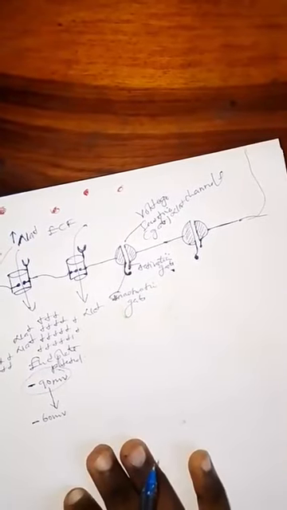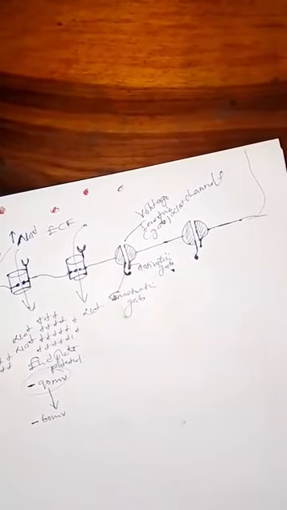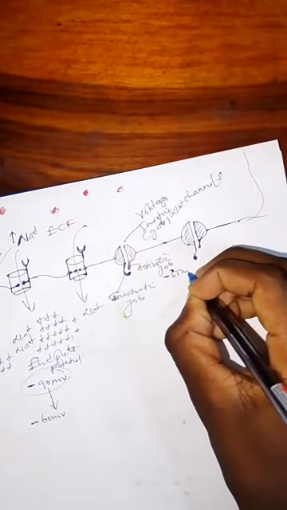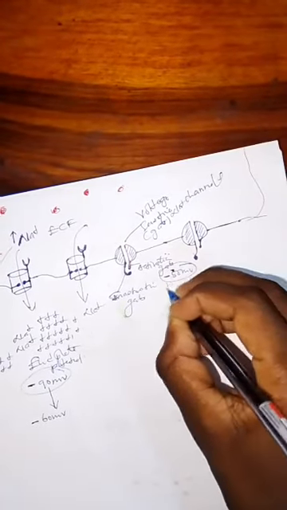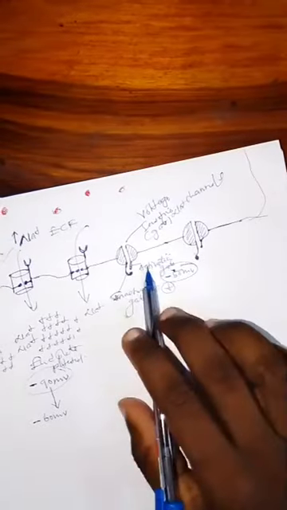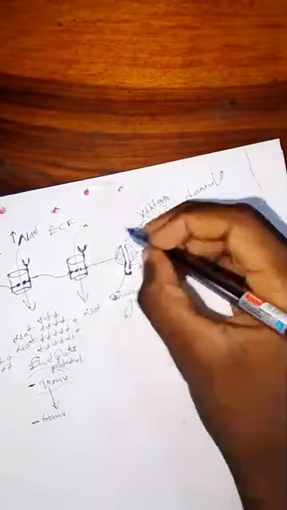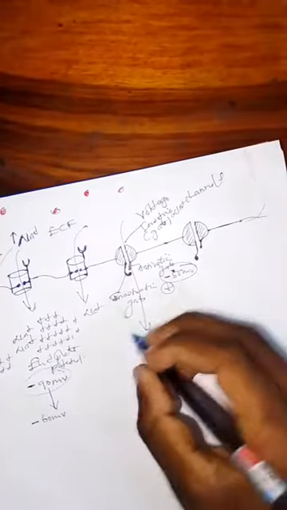At a certain voltage, which is negative 55 millivolts, there will be stimulation of this activation gate. When this activation gate opens, there will be more influx of sodium.